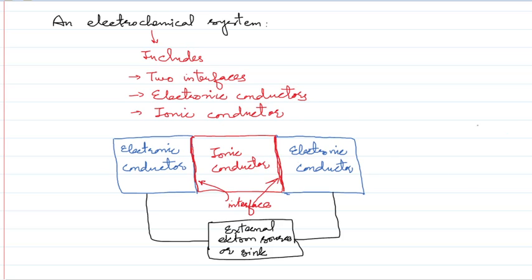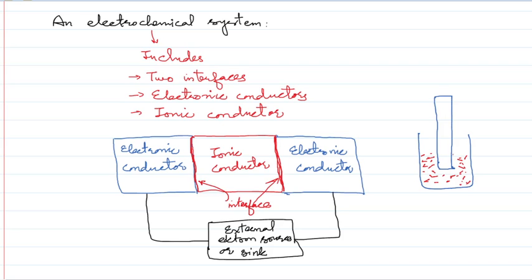You can take the simple example which you have already learned. For example, this is a metal strip or electrode, and it is in contact with the ionic solution or electrolyte, that is ionic conductor.